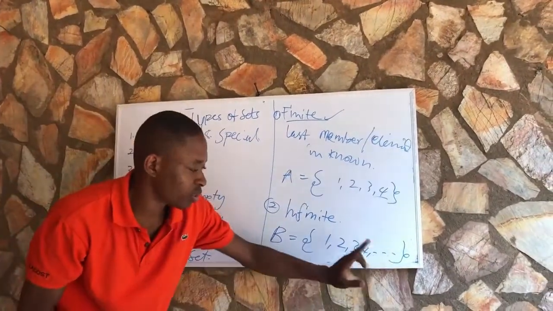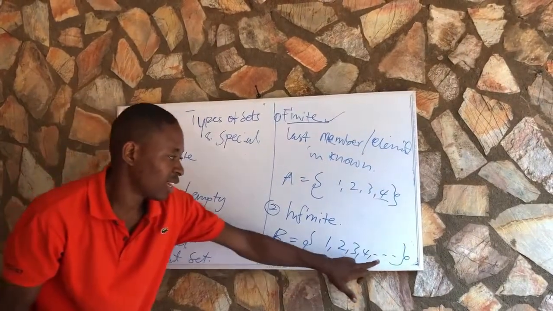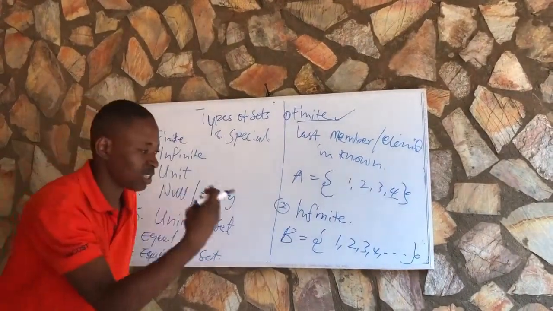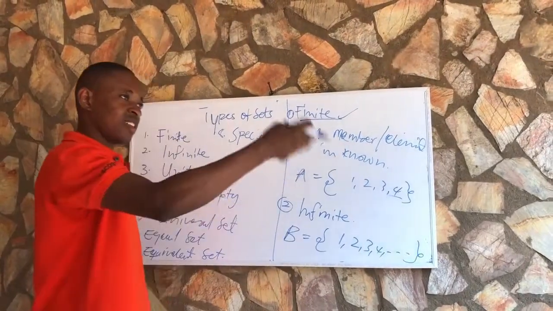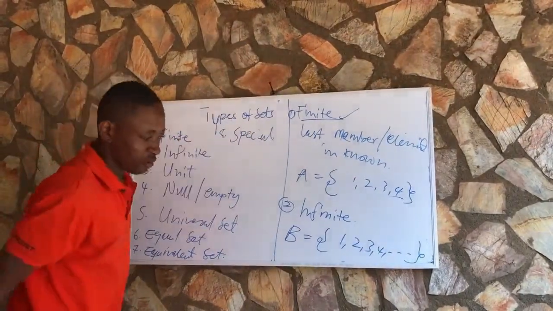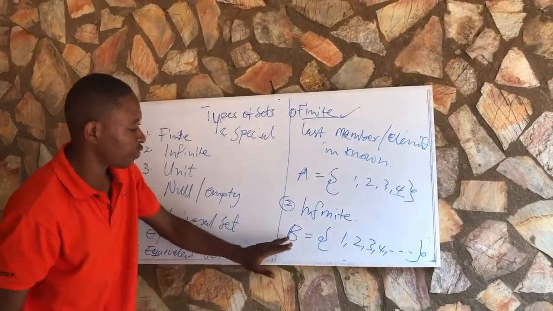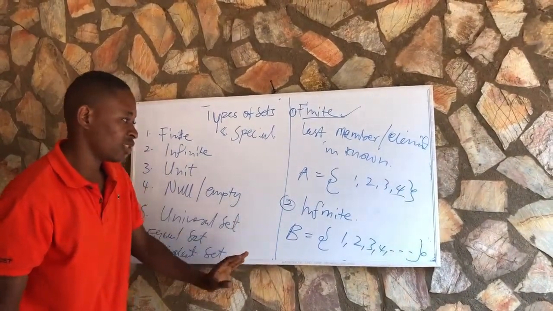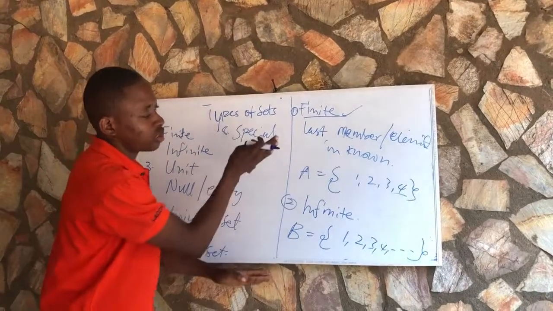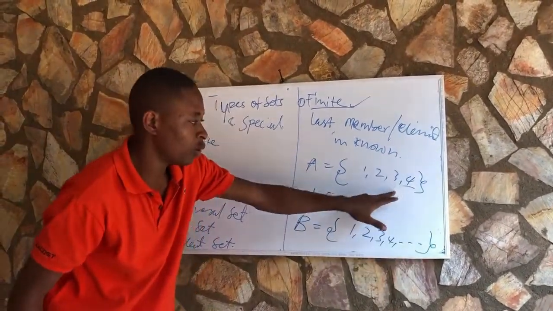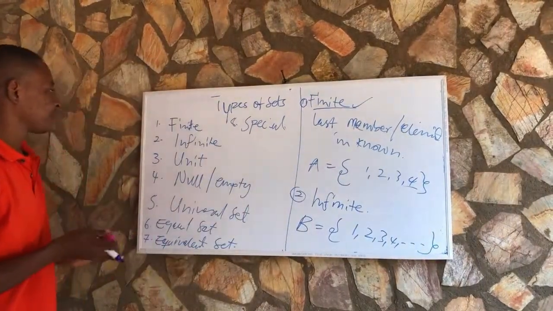What these 3 dots mean is that the numbers run up to infinity, which means it can go 4, 5, 6, 7 up to infinity. So we don't know the last number. So in this case, we refer to this set as infinite. So you can see that it's the opposite of a finite set because we don't know the last number here, but we know the last number here.